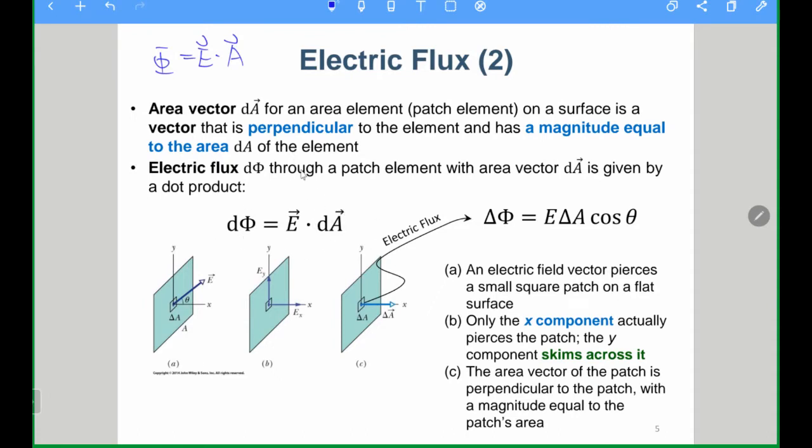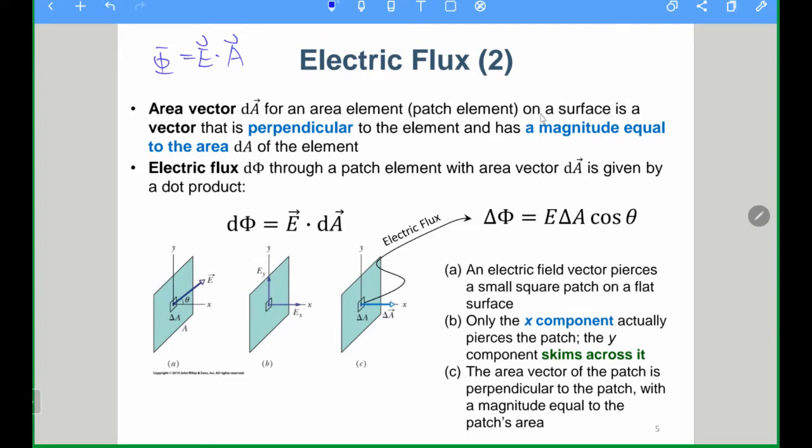Before we talk about the definition of the electric flux, we will define what an area vector is first. The area vector is of course a vector, written as dA vector for an area element. Of course, it has a magnitude and direction.